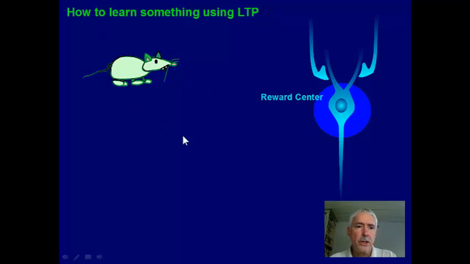Now consider this rat here. What we're going to do is give him a little sugar solution. Now he takes a little lick of the sugar, and the sweet taste picked up by the sweet receptors in the tongue ultimately brings information here into the reward center.